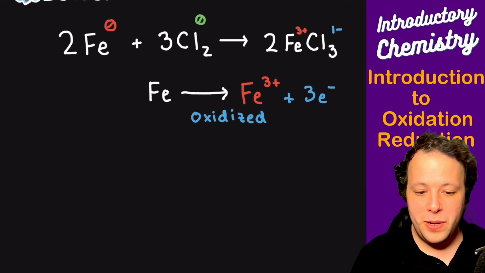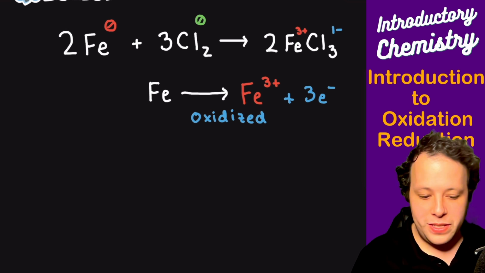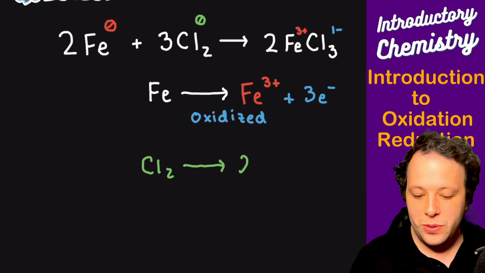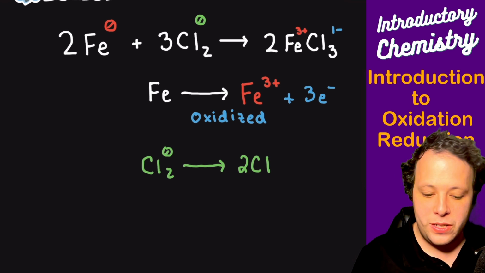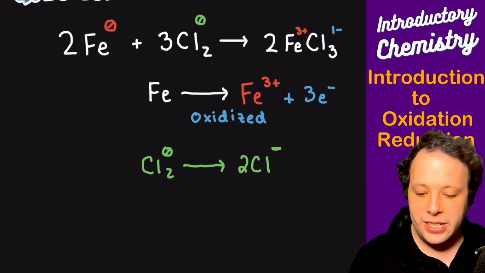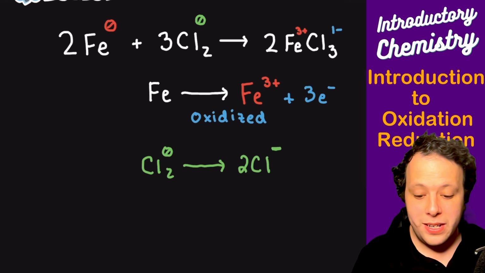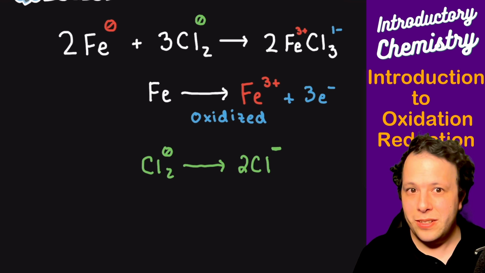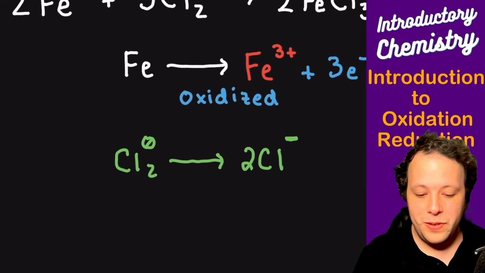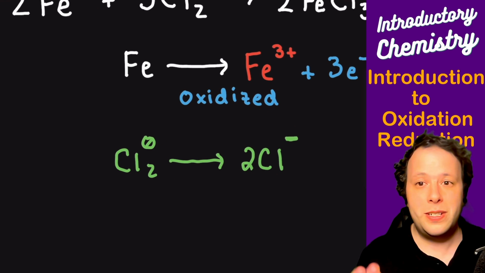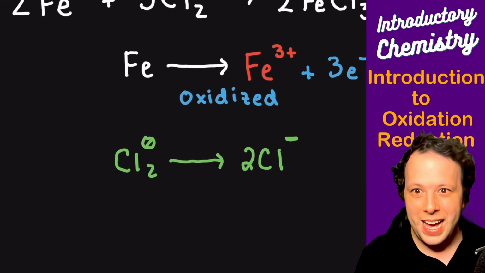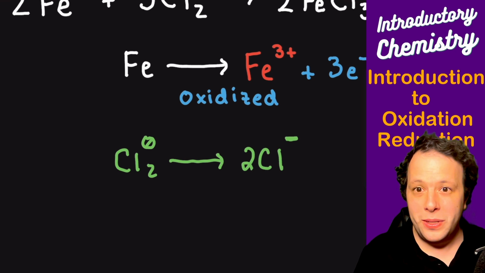Now, on our other one, we have chlorine. We have Cl2 falling apart into 2 chloride ions, going from a 0 charge to a minus charge. How can we go through and balance this one out? This one's a little bit different, because I had to add a coefficient here to balance out the atoms, given that we have a 2 on the left.